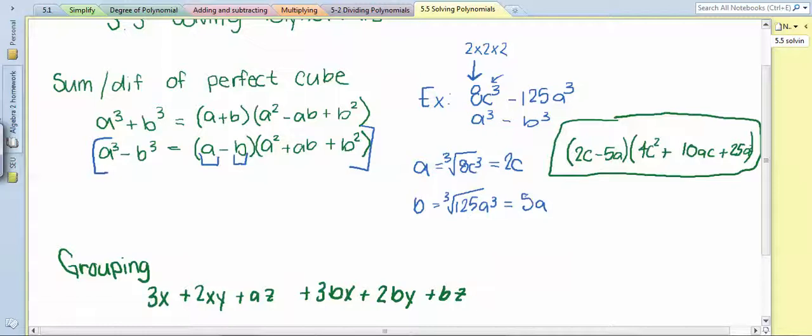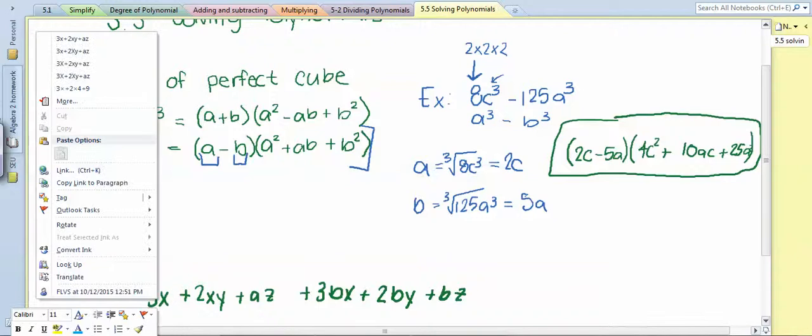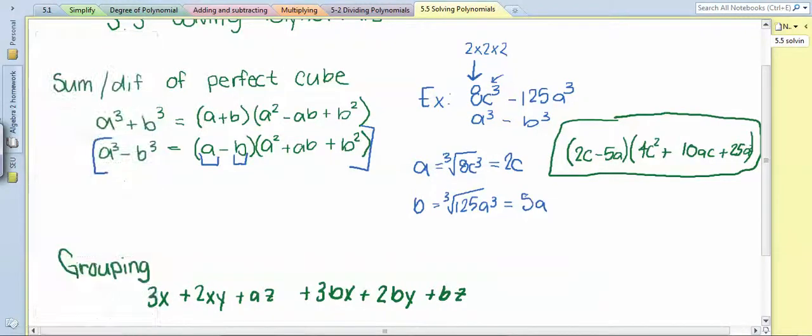Now before I group though, I want to make sure they all have something in common. Okay, and actually I forgot to write a variable here. This should be 3a. So this should have an a right there, and this should be an a right here as well.